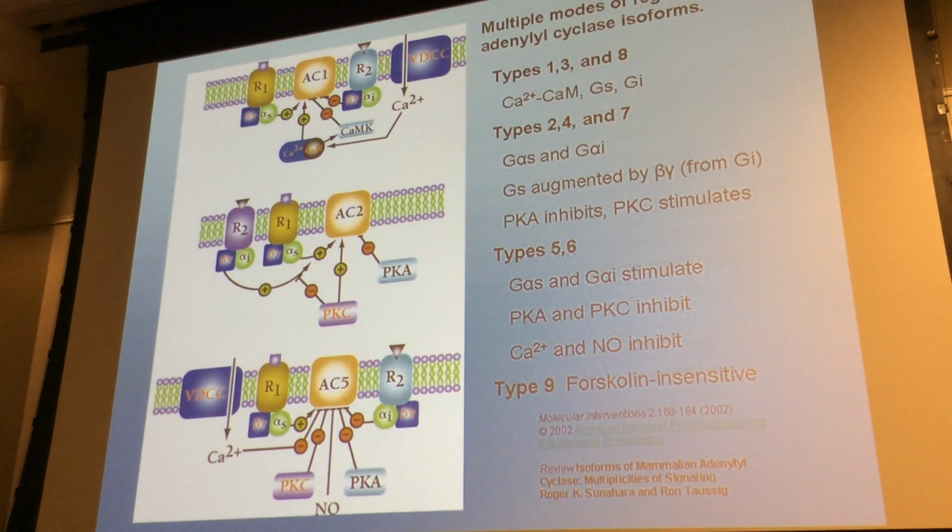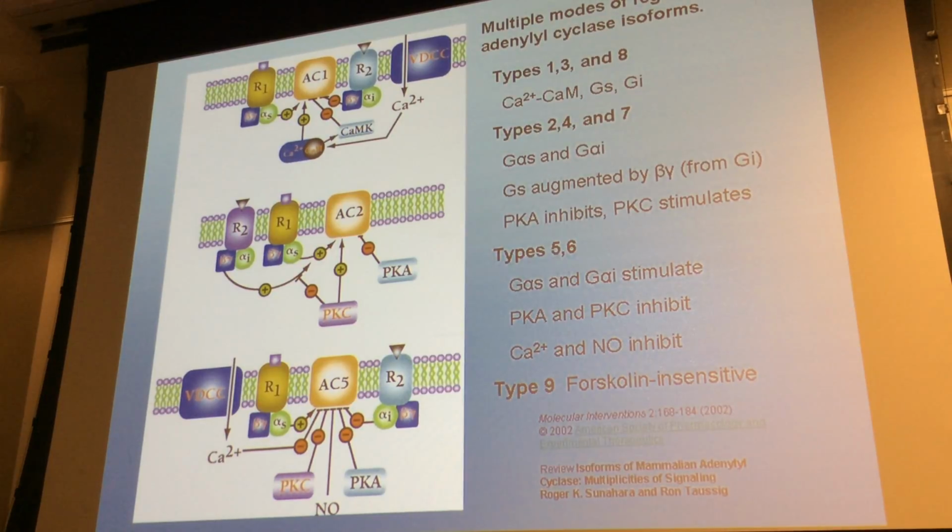Now, why might you want to have PKA inhibiting this adenylyl cyclase? If you were trying to organize a great schema of how the cell is going to work, some reason that you might want to have this?